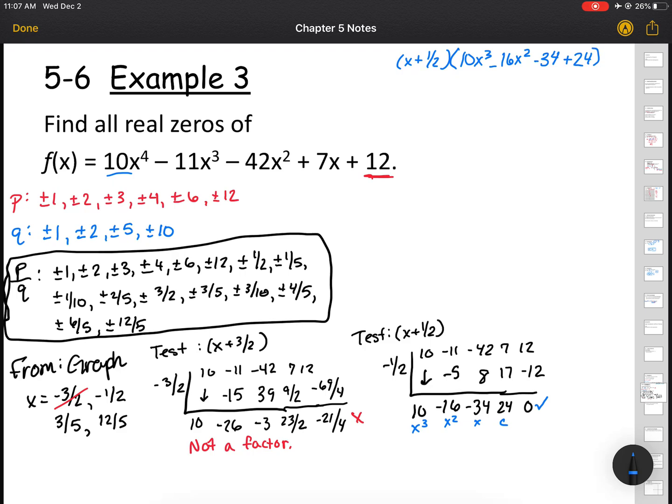Okay, and now I want to see, can that second factor, can I pull anything out of all 4 of those terms? Well, I can, because they're all even. Okay, so I'm going to pull a 2 out of all of those. So x plus 1/2, and then I'm pulling the 2 out, so I'm left with 5x to the third minus 8x squared minus 17x plus 12. And I could simplify that 2 times x plus 1/2, that's just going to give me 2x plus 1 times this stuff.